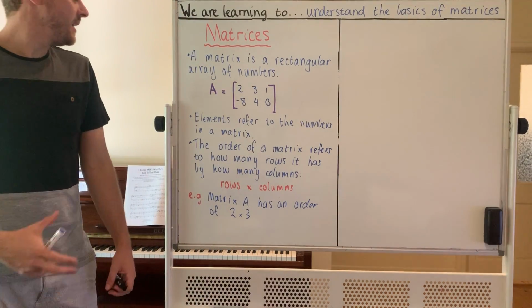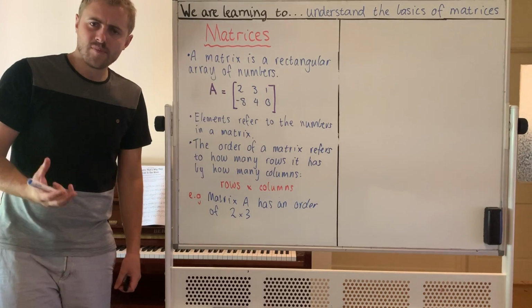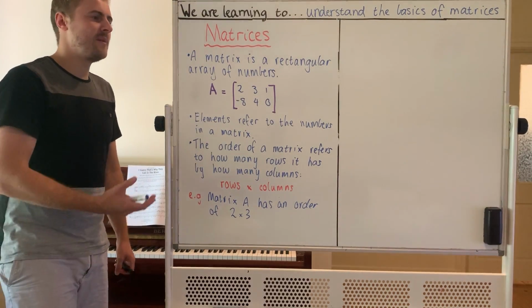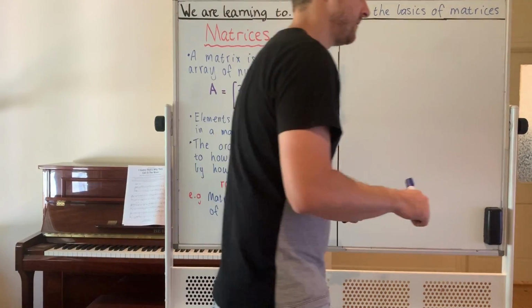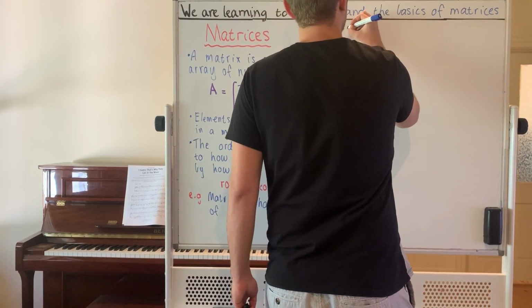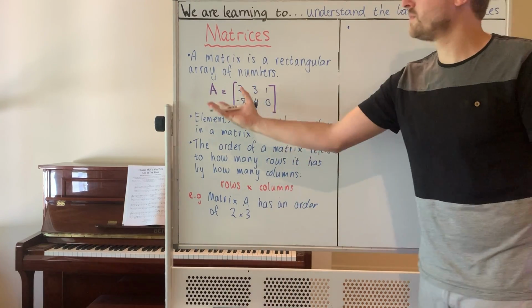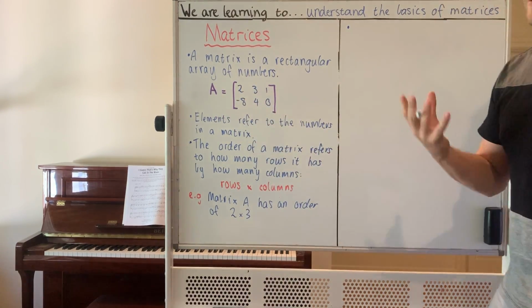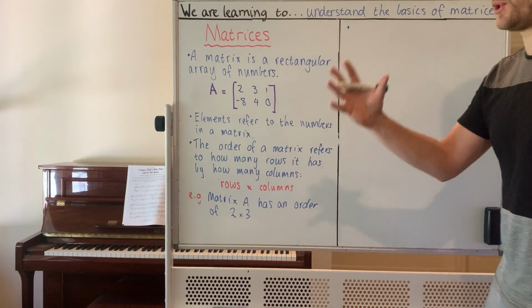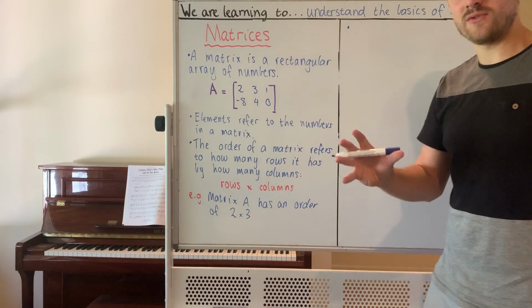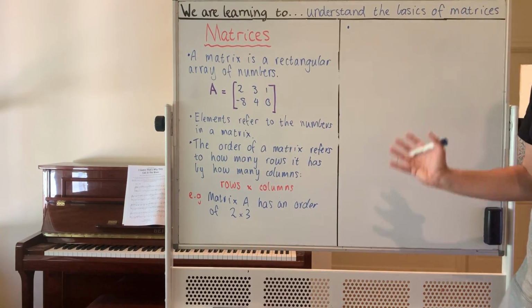Alright, now each one of these elements can be described with a specific notation. What that means is we could have A, representing matrix A, and then some small numbers that might be 2, 1. What that means is it's asking what the element is in matrix A in the second row and the first column.